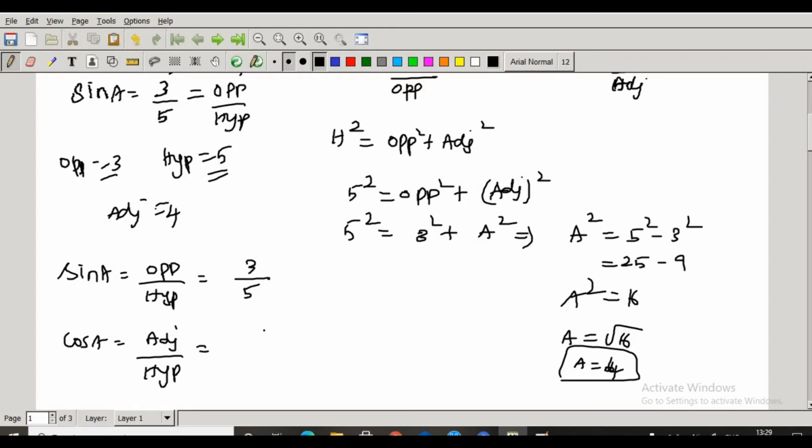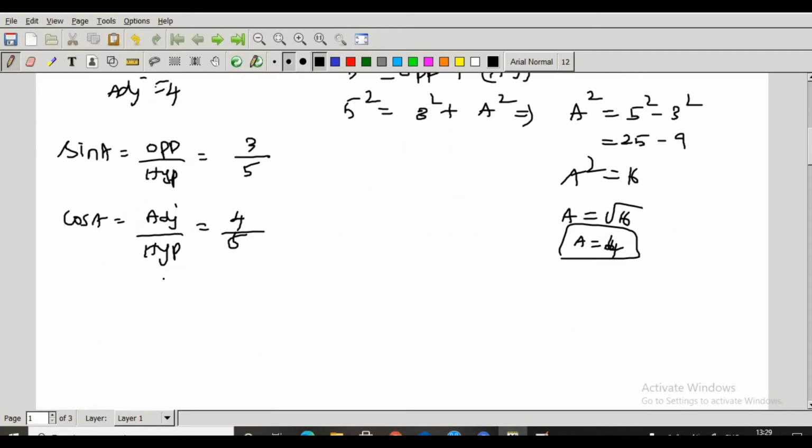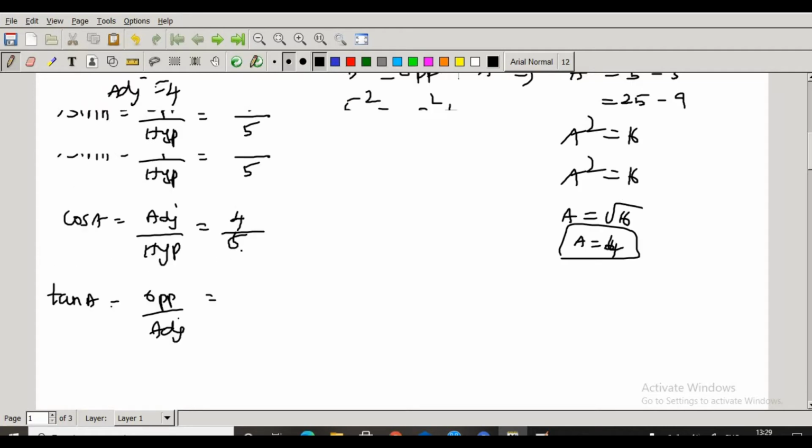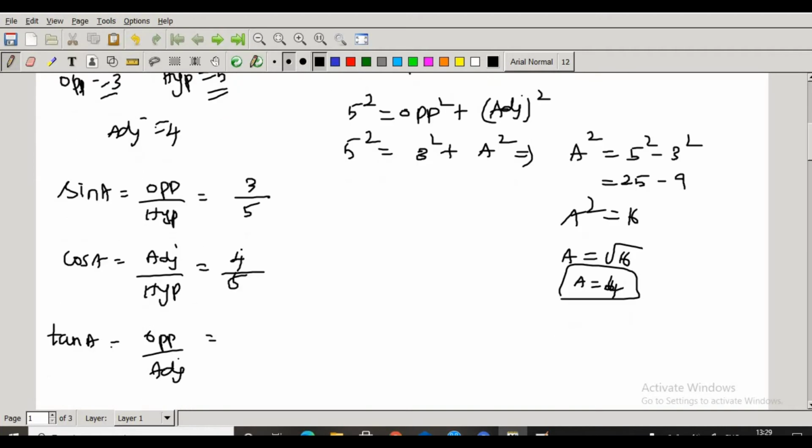The adjacent side is 4, so cos A is 4 over 5. And tan A is given by opposite divided by adjacent, the opposite side is 3 and the adjacent side is 4, so tan A is 3 over 4.